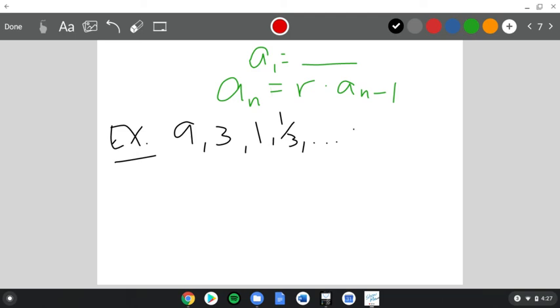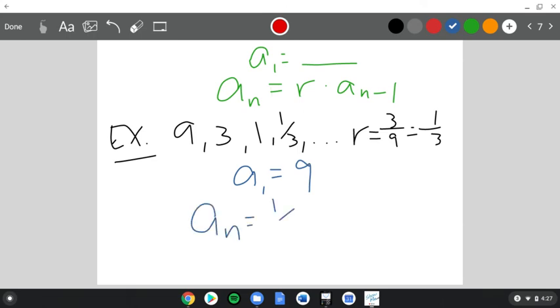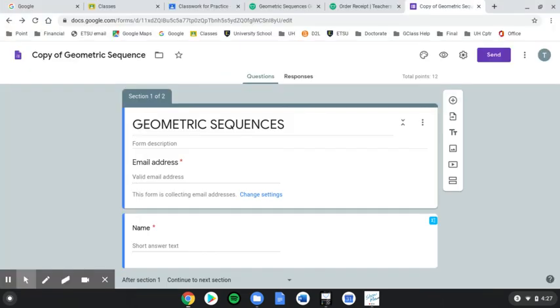And so r is the second term divided by the first term, which is 1/3. Filling in the formula, a sub 1 is 9, and then a sub n is 1/3 times a sub n minus 1. So that wraps up geometric sequences.